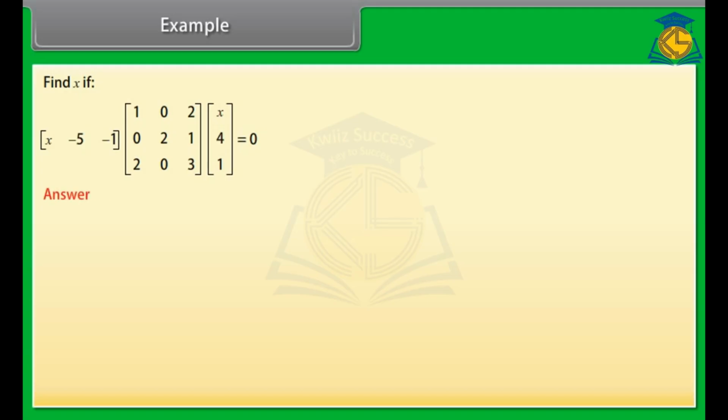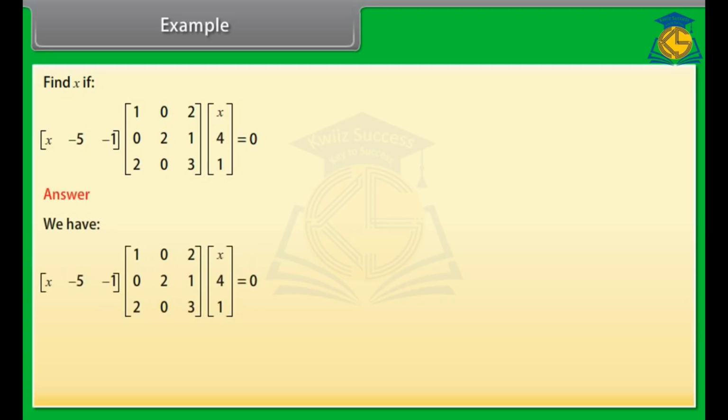Given that, we have matrix [x, -5, -1] multiplied by matrix [1, 0, 2; 0, 2, 1; 2, 0, 3] multiplied by matrix [x; 4; 1] is equal to 0.